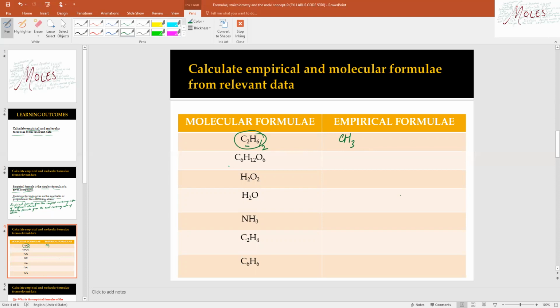What about C6H12O6? Here 6 is the smallest number. So we will divide all the numbers by 6. So the empirical formula will be CH2O.